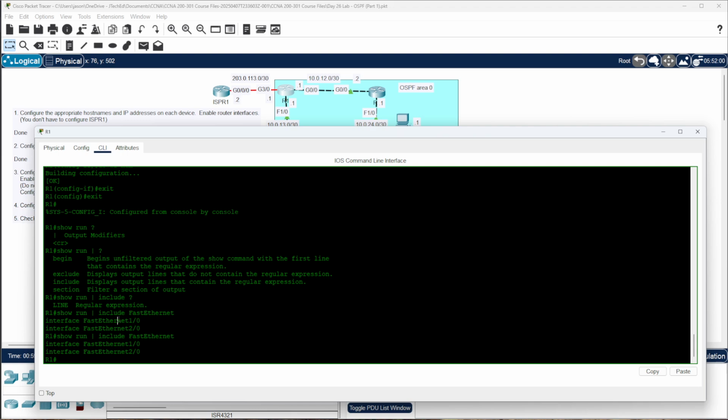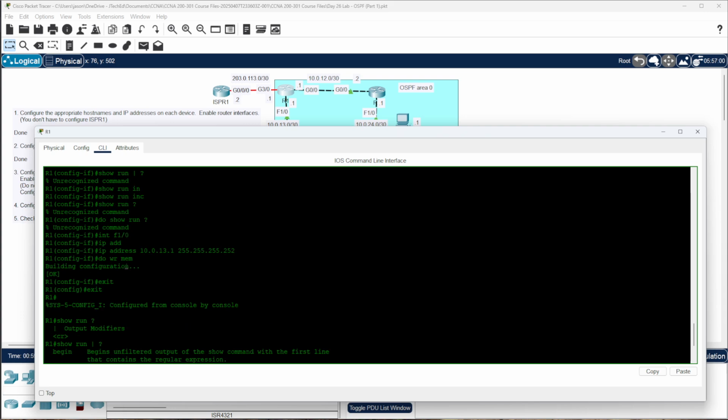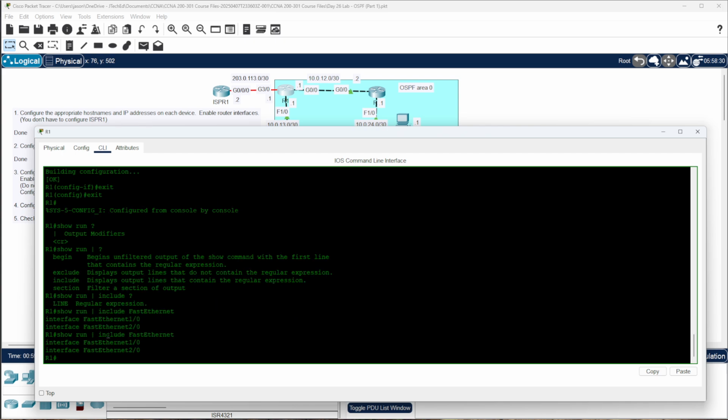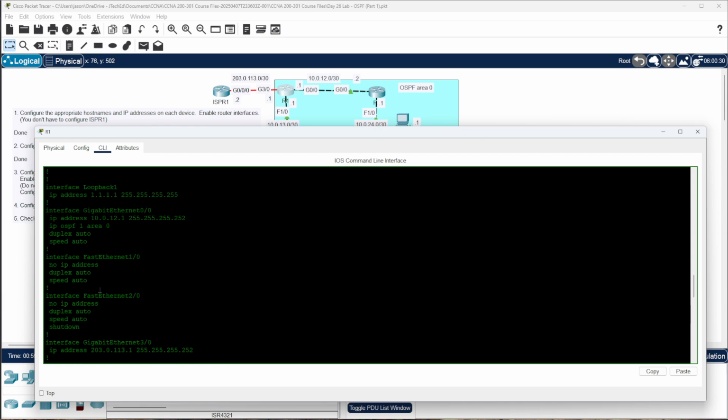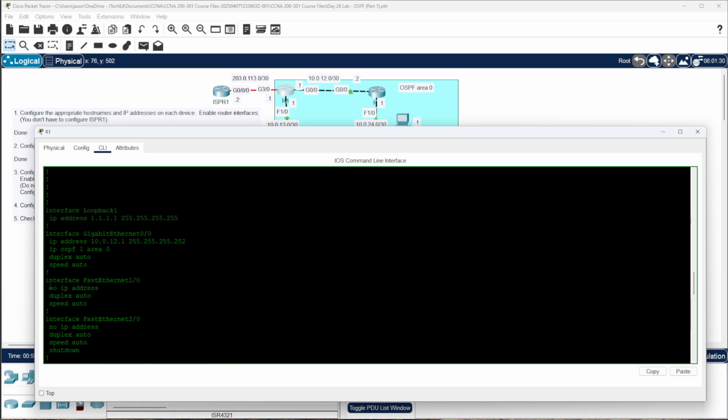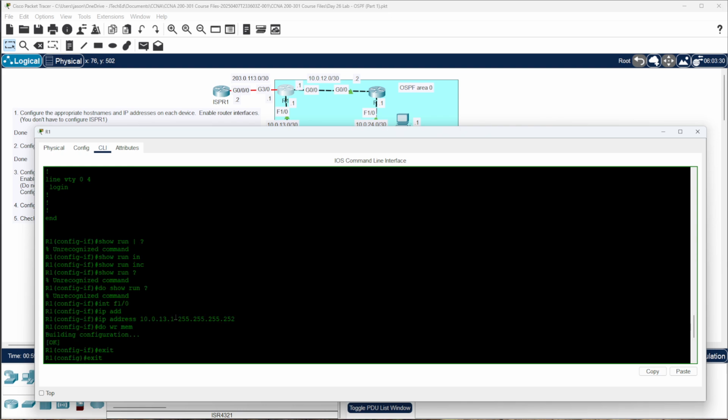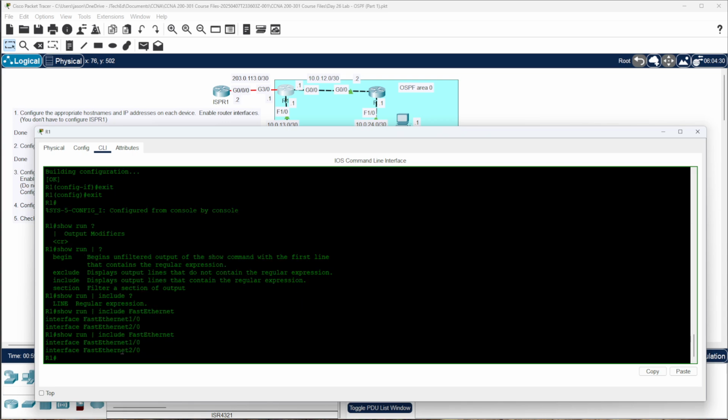So, we're looking at show run, and we don't want to exclude, we want to include. We want a section. That's what I want. Because if I just do include FastEthernet, obviously that's not going to include anything under that line, and I'm actually interested in that. So a little bit of an experiment because I don't remember all this.